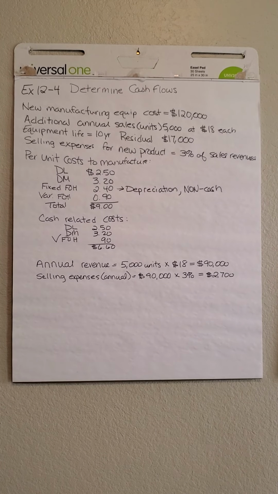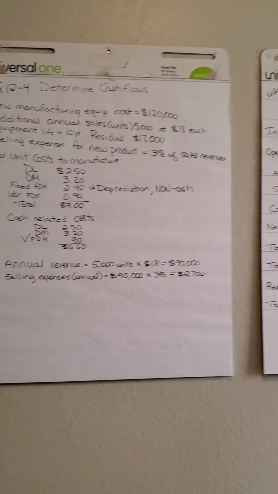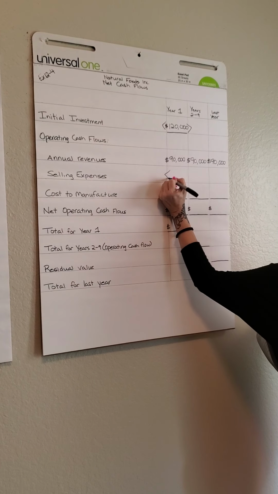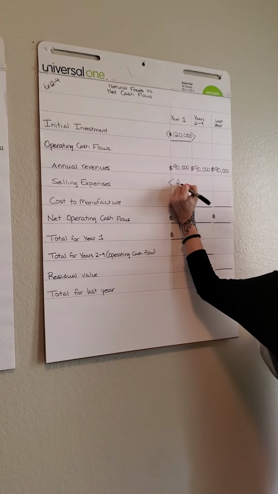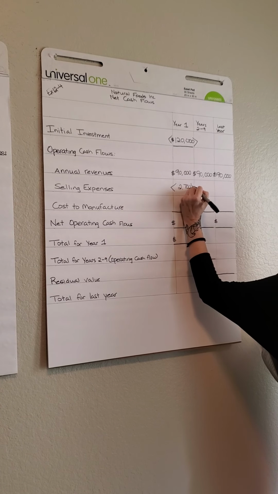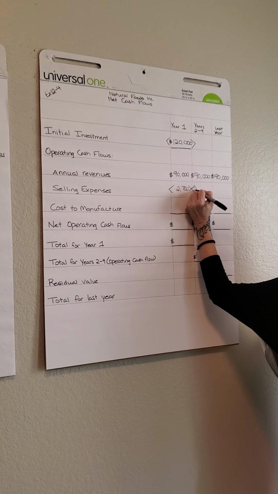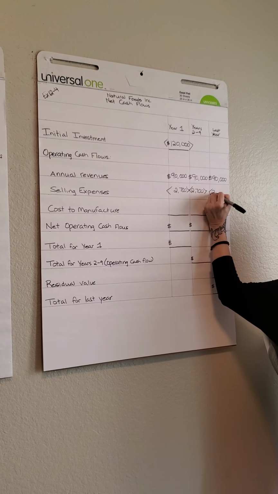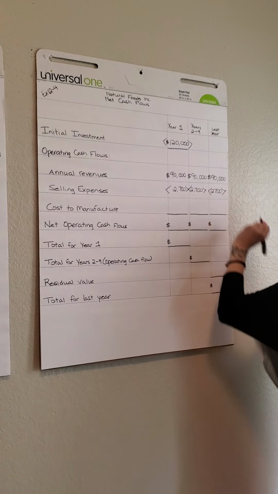So that's the amount we're going to input as our selling expenses in all three columns. Remember, selling expenses are outlays, so you want to make sure that you're putting those in as negative numbers.